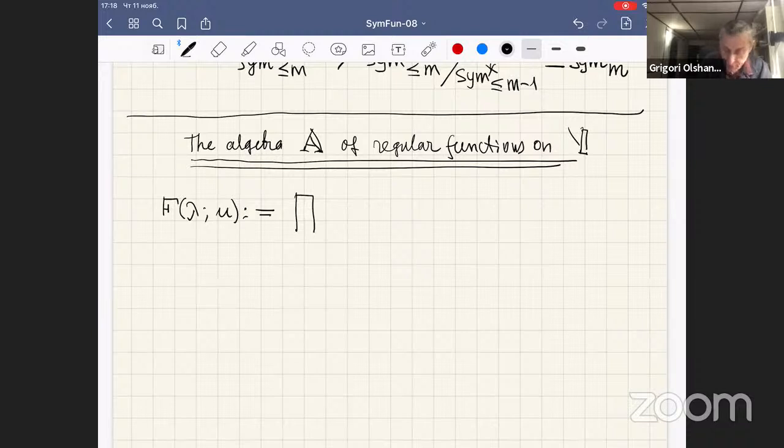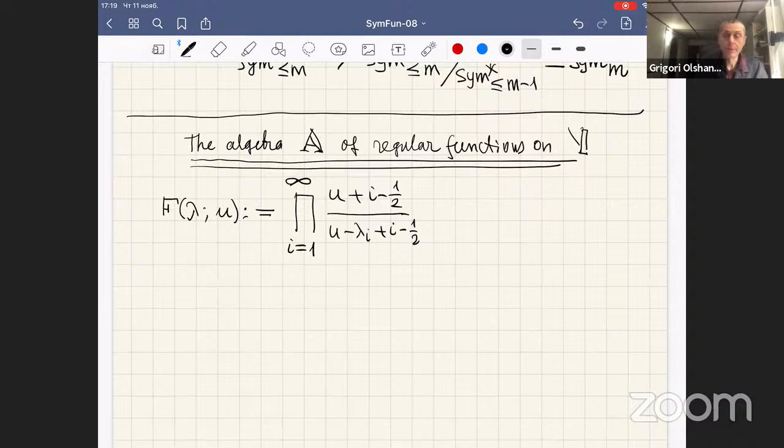Formally, the infinite product of u minus lambda_i plus i minus 1/2, divided by a similar expression with lambda equal to 0. Formally, we take the product from 1 to infinity, but actually almost all terms here are equal to 1. So the product is in fact finite, it makes sense.